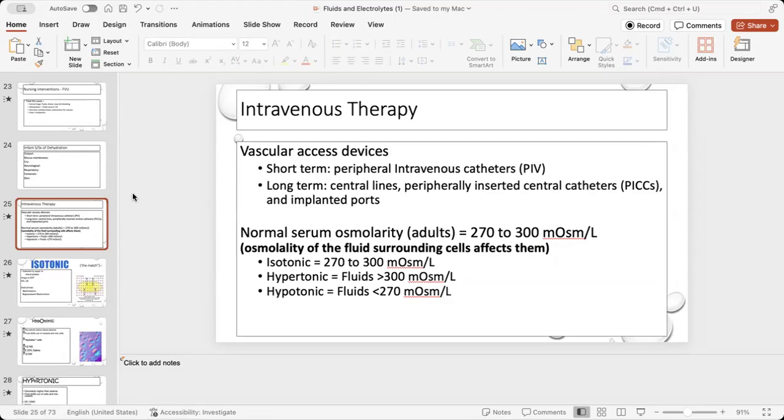Do you learn anything in skills about different types of IV devices? A little bit? Okay, so short term: a peripheral IV is usually used for short term. What would you put a peripheral IV in for short-term use? Blood transfusion, a one-time transfusion. What else?